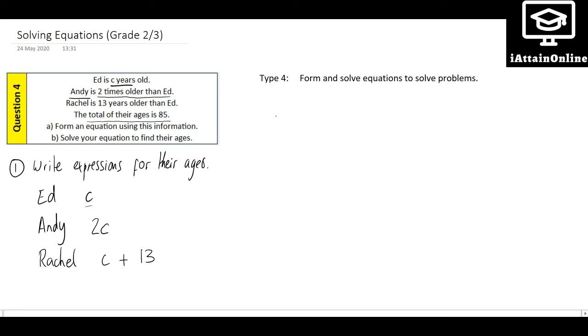So I'm going to just write Ed's age, which is C, plus Andy's age, which is 2C, and we're going to add to that Rachel's age, which is C plus 13. Now when I do that, if I add all those up, we are told in the question that I get 85.